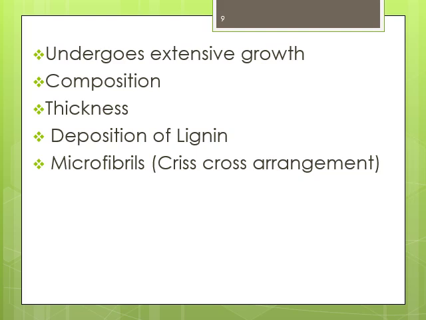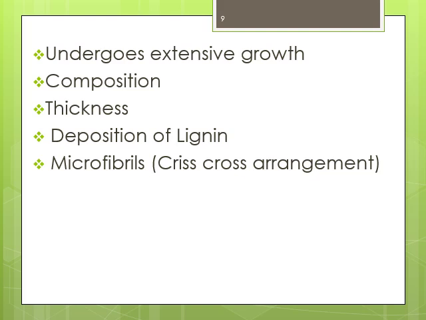In addition to this, lignin is deposited between the primary wall and the middle lamella in mature tissues. Therefore, the primary wall cannot be differentiated from the middle lamella due to the deposition of lignin. The primary wall of many cells has lamella-like structures that we call microfibrils.